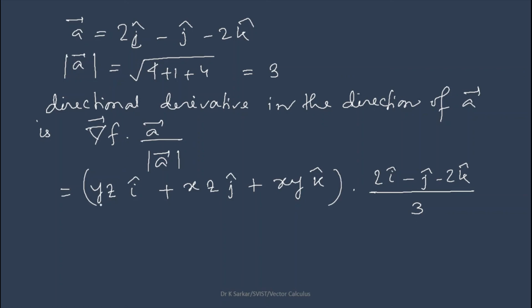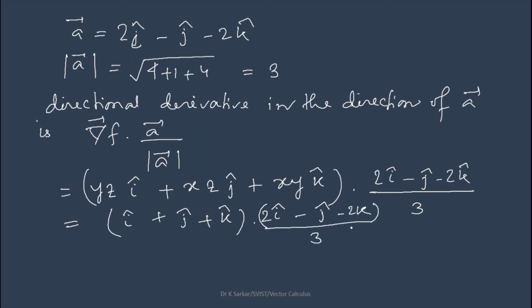Now let us put x equals 1, y equals 1 and z equals 1. Then we will get i plus j plus k dot 2i minus j minus 2k by 3.